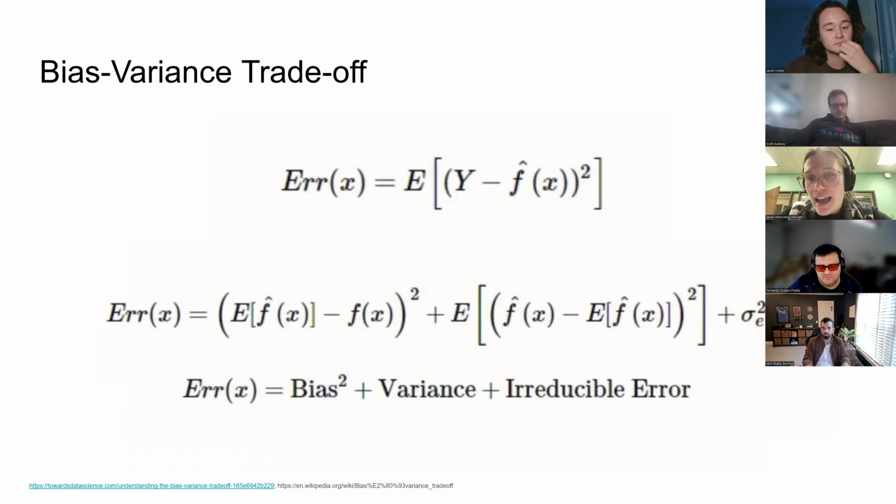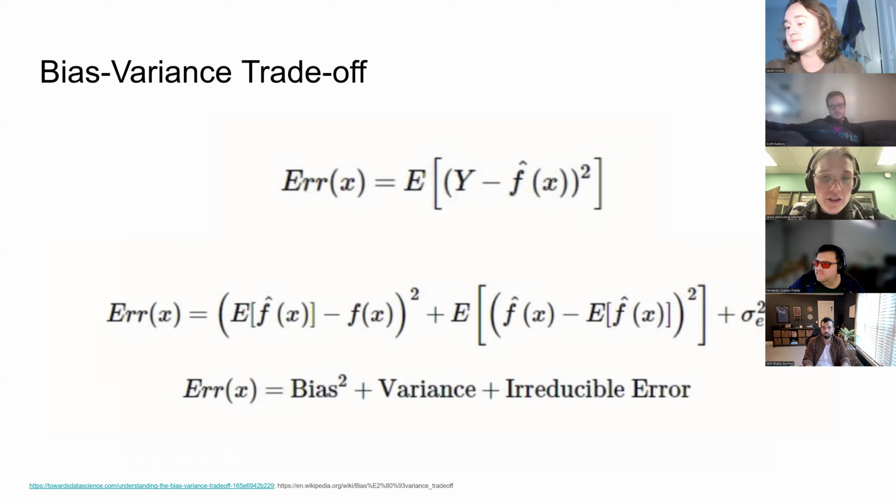So once again, the variance captures how different our parameter estimates are going to be according to the different training data sets that we have. And then, of course, we have an irreducible error term that is impossible to access with our models.